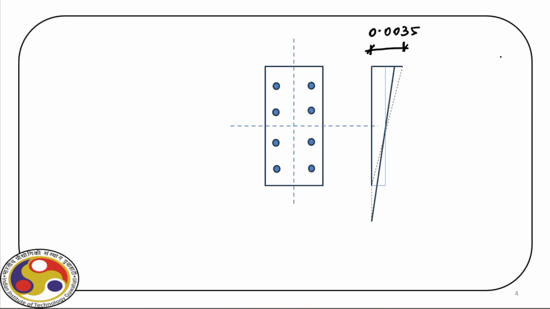So now let us mark. Say this point is A. Now this is the fulcrum point where we have the neutral axis. So this point is C, this point is D, and this is B. So this is D1 and this is D2.